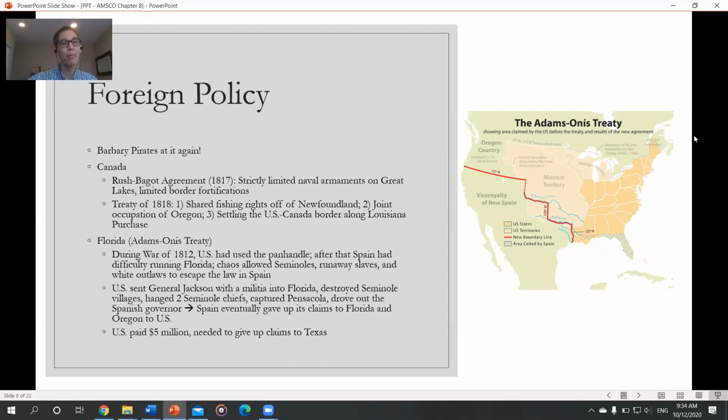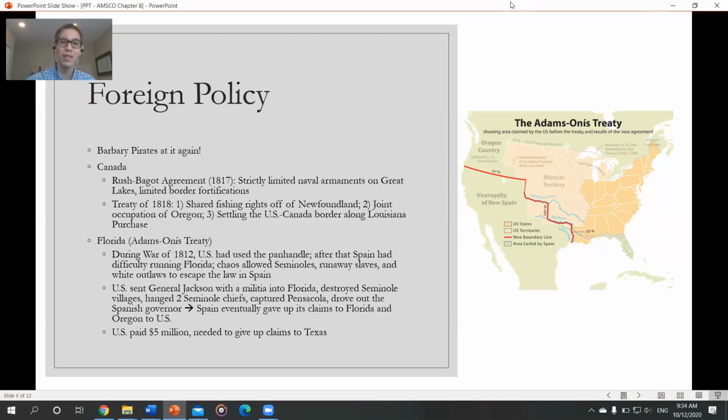Again, this is cooperation between neighbors to try to avoid conflict. And then they were also able to settle who owned what along this land over here. And they decided joint occupation of the Oregon Territory, and then settling where the border would be. And if you squint, you can see that line right there where the border would be.